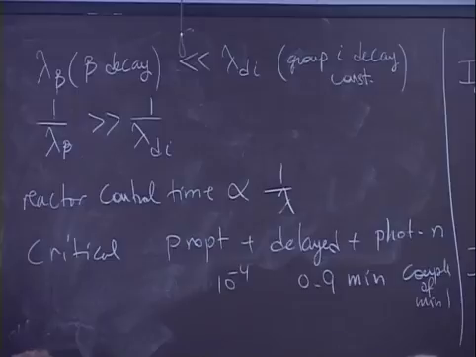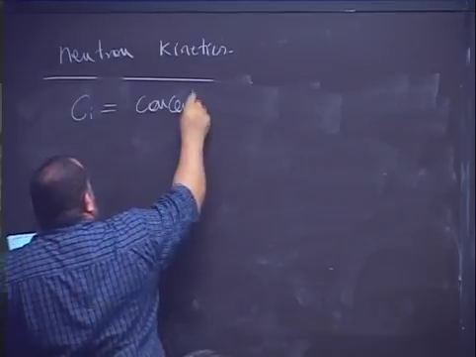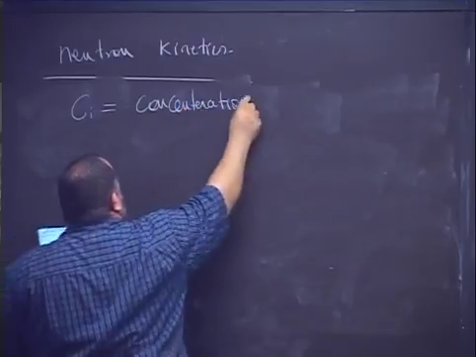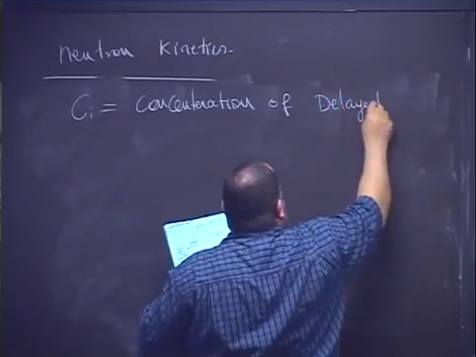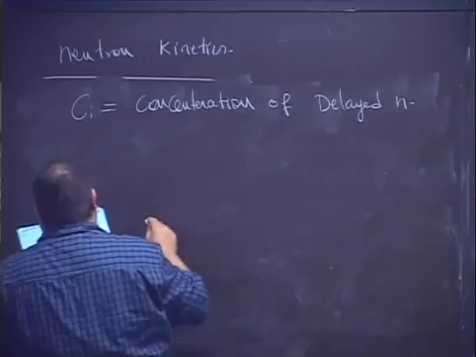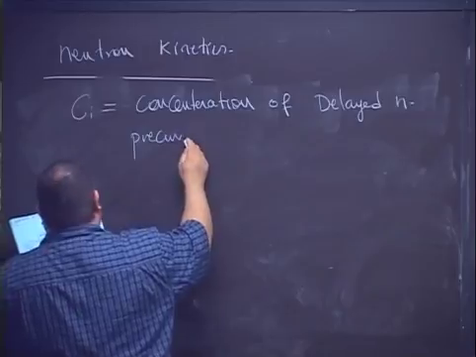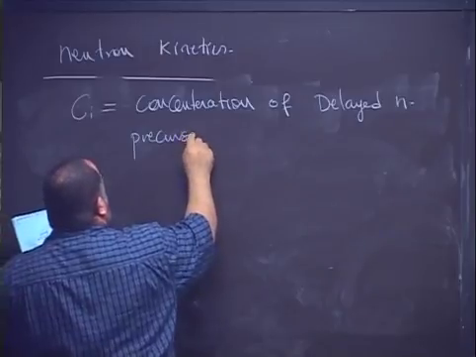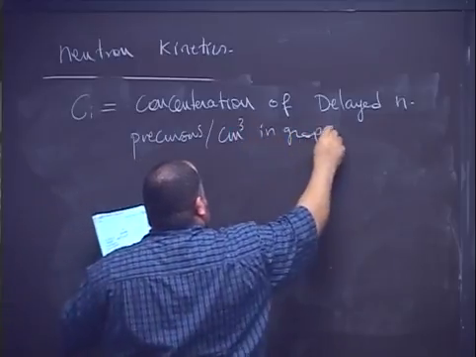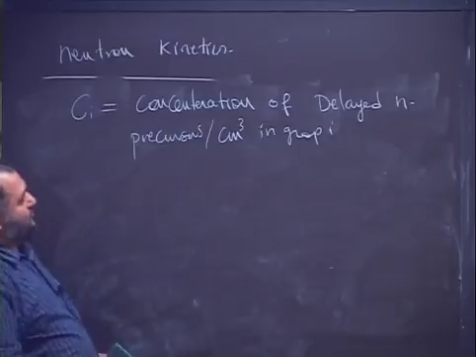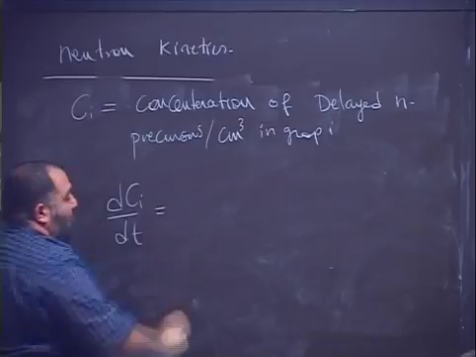So we have Ci, which is just the concentration of delayed neutron precursors per centimeter cube in group i. So if you want to get the rate equation for dCi by dt, where are they coming from?